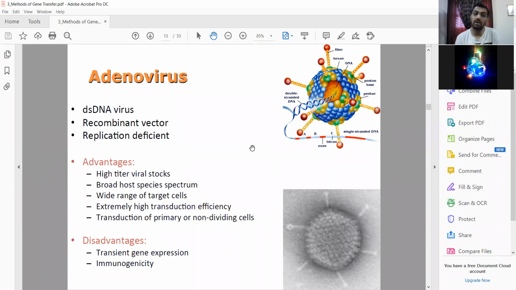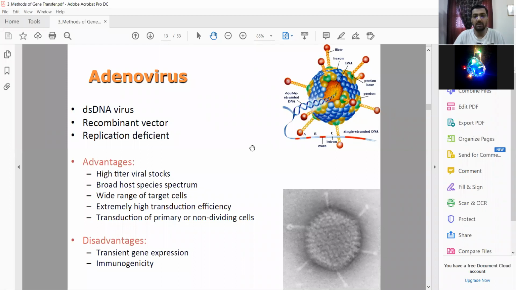If we come to the advantages, they have a higher titer, meaning whenever we generate these viruses in the lab. When I say generate these viruses in the lab, it means that we pack these viruses on mammalian cell lines. We will be discussing all this packing.